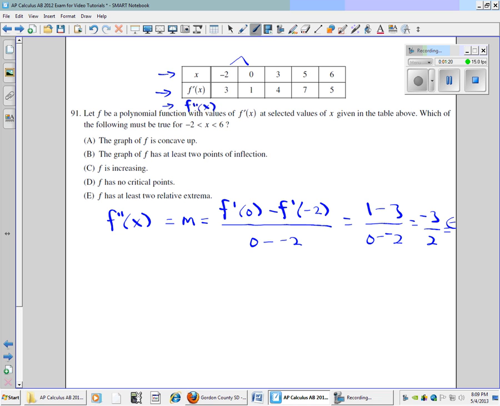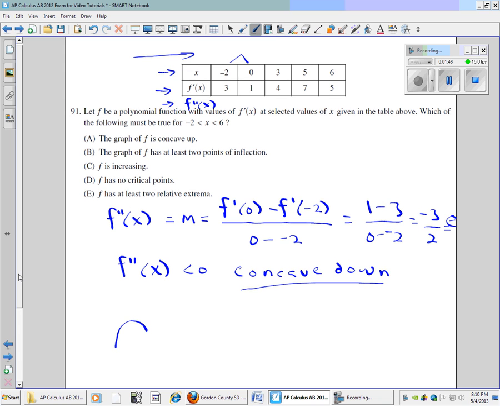So if it's negative, that means the second derivative of f of x is less than 0, and if it's less than 0, then it's concave down. That's important. So moving from left to right on our graph, we've got this polynomial function that's concave down.